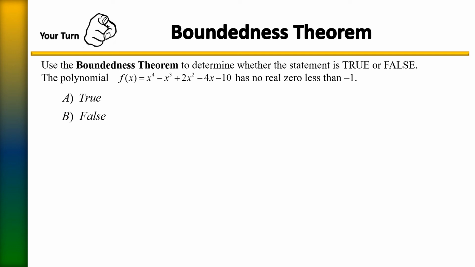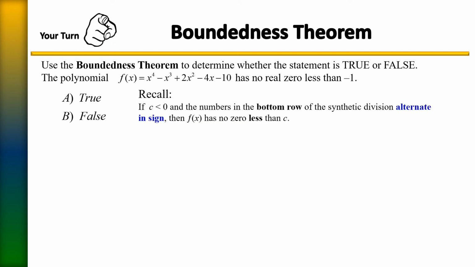If the signs do not alternate, then that would be a false statement. So do the synthetic division with your -1 on the outside, place your coefficients under the division symbol, and proceed. Pause the video, and when you're ready to reveal your answer, restart the video.